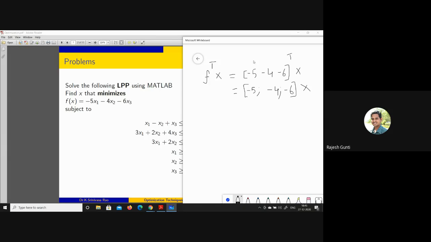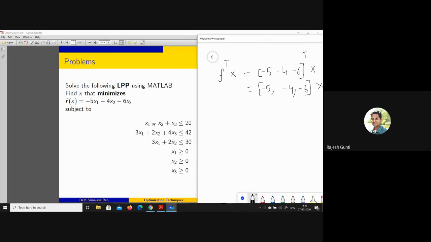Next, the inequality constraints. How to write this one?